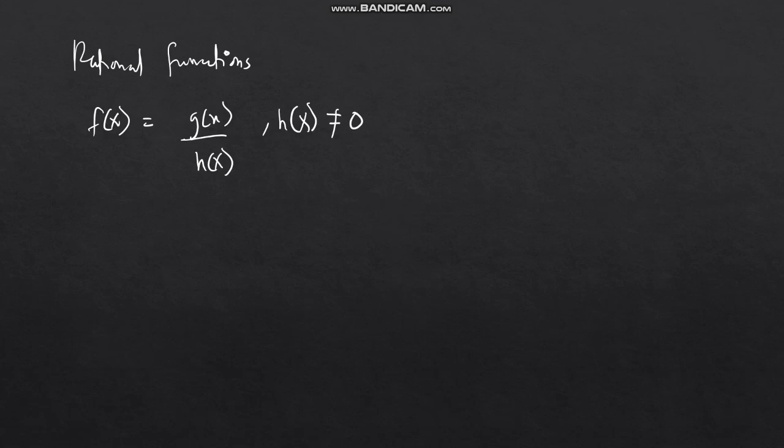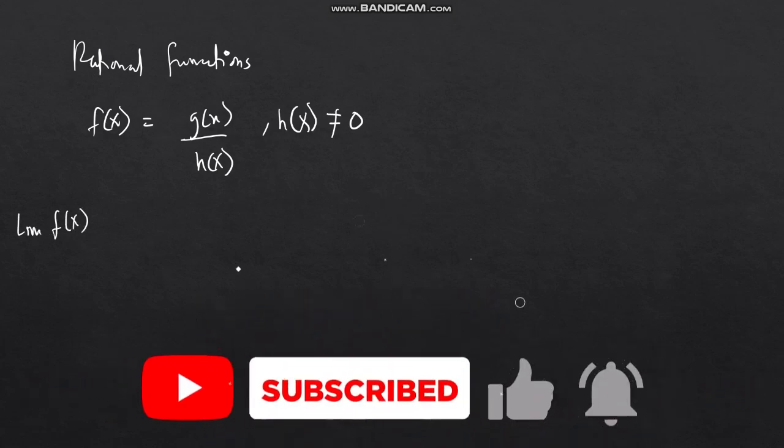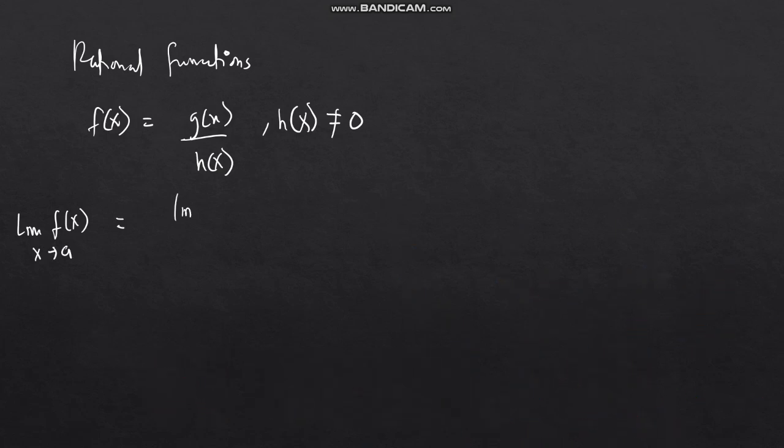So if you have the limit of f of x as x approaches zero, this will be equal to the limit of the individual functions: limit of g of x all over limit of h of x. We solve the top limit and the bottom limit, then we can go on.